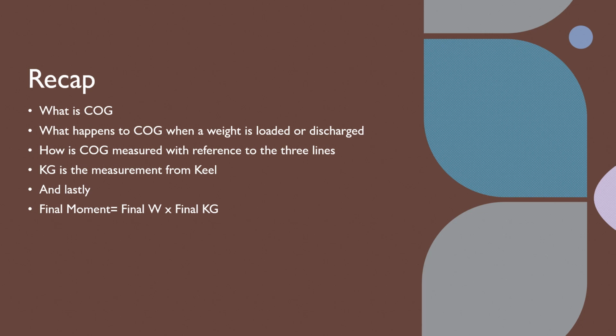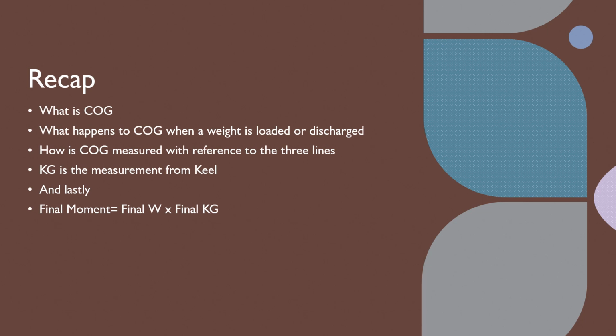Now just to do a recap of what we have covered in today's video, because we've covered quite a few concepts. I hope the concept of center of gravity is clear. What is center of gravity? Just think of the book. You're going to balance the book on one point. That is the center of gravity. Take the concept to a ship. The ship has a center of gravity, which is the G. What happens to COG when a weight is loaded or discharged?